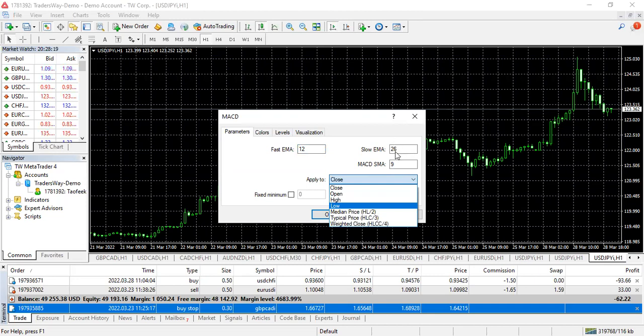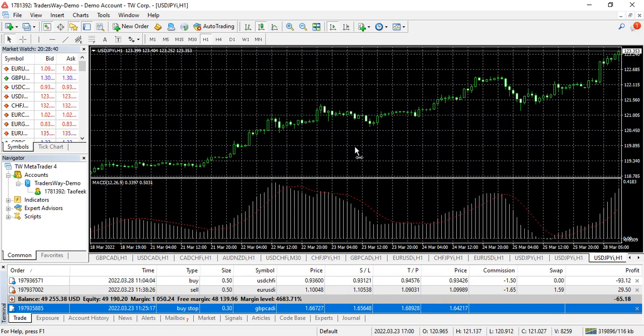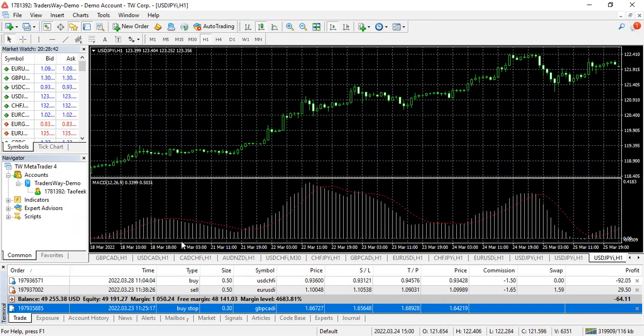So you have to put your parameters here. But for now, we don't have any parameters we want to put. We are just using this to explain what it is all about, so let me use the defaults. So this is our MACD. This is one of the examples of our leading indicators.